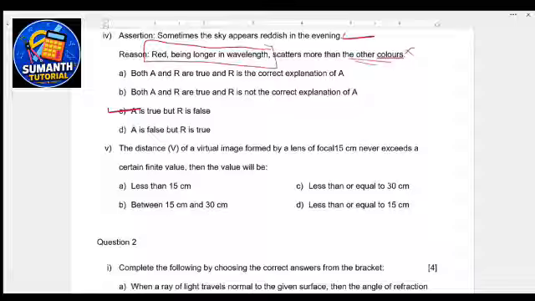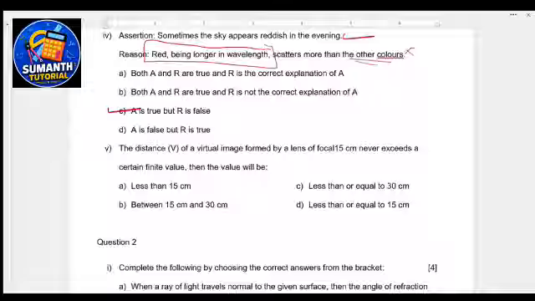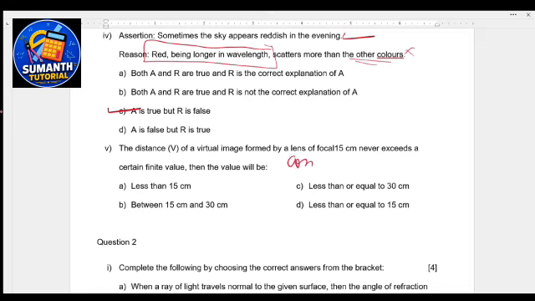Now see here, when the question occurs with a finite value, remember only a concave lens we can expect, not a convex lens. If you ask me, sir, how is it possible, the answer is very simple.